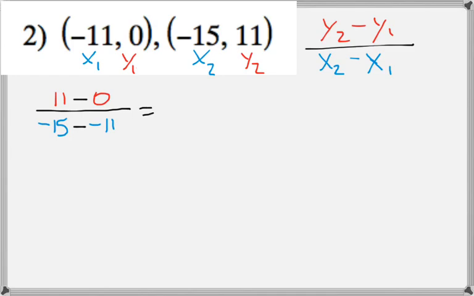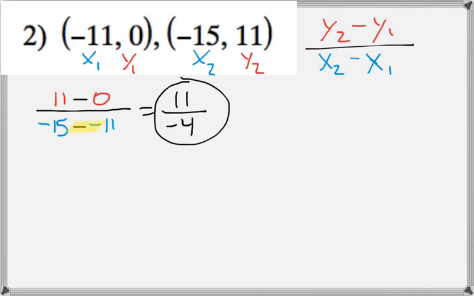In the numerator, we have 11 minus 0, which is 11. And in the denominator, we have minus a negative, which becomes a plus. So we have a negative 15 plus 11, which becomes a negative 4. And we have our slope of this line.